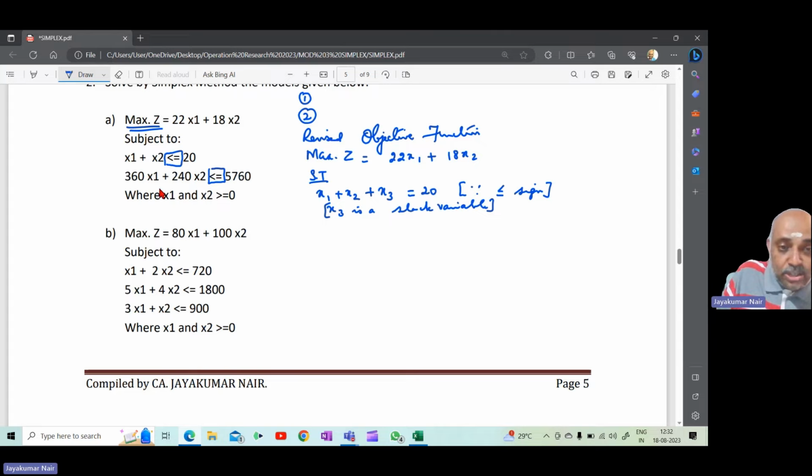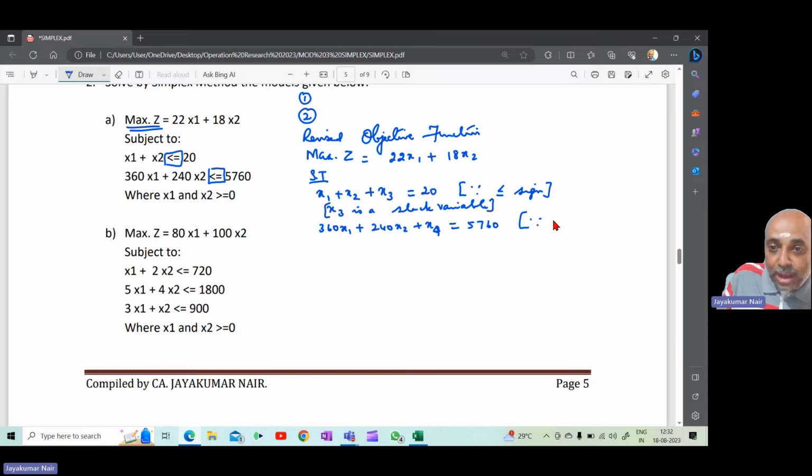Okay, now first constraint is over. Now the second constraint also has less than or equal to sign. So I'll write 360x1 plus 240x2. Now again, this is less than or equal to. So something has to be added here in case if it is less than, to make it equal to 5760.